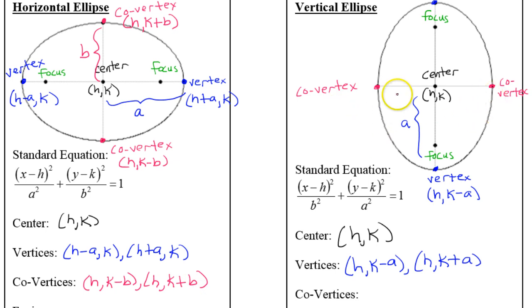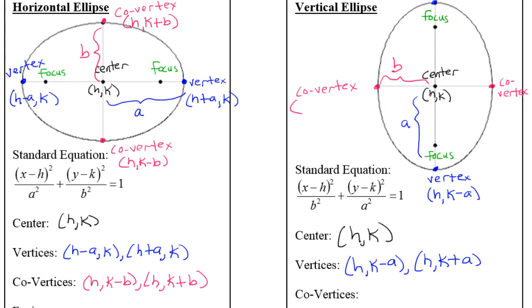Similarly, if we look at the horizontal co-vertices, where the ellipse is vertical but this b value is horizontal, the coordinate that they have in common will be the k value. All three of these points should have the same y value, which is k. Now the thing that's changing is the x value.